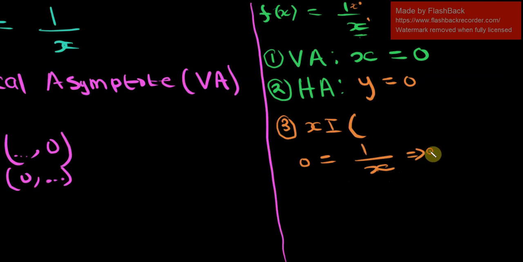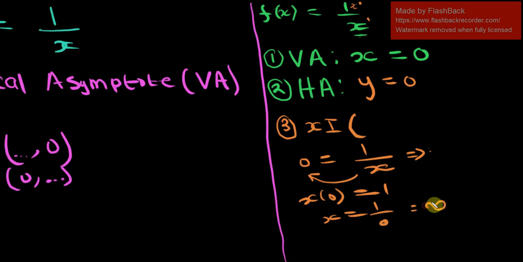Move x to that side, so that's x multiplied by 0 equals 1, so x equals 1 over 0. Now x times 0, what am I doing? This is so wrong. Anyway, 1 divided by 0 is infinity.